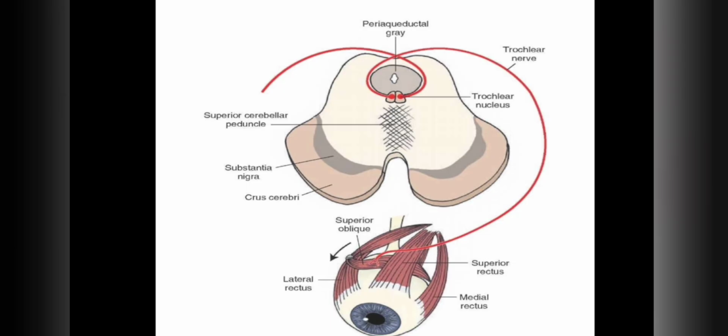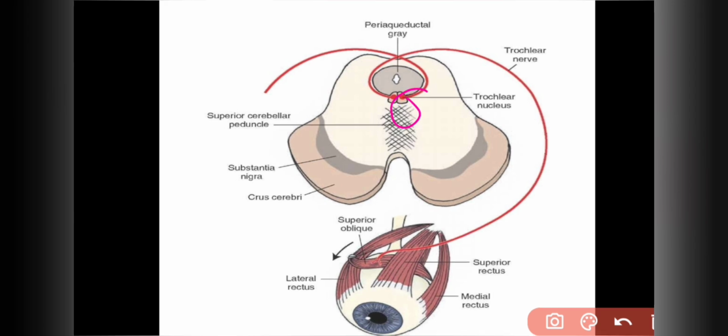So this is the overall view of the fourth cranial nerve. As you can see here, this is the nucleus of the fourth cranial nerve, which is situated in the pons. Then we have the fascicular part, which will run in the brainstem. Then it comes to the subarachnoid space and then into the cavernous sinus, and then through the superior orbital fissure it will enter into the orbit and then supplies the superior oblique muscle.